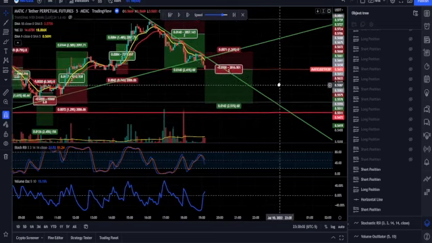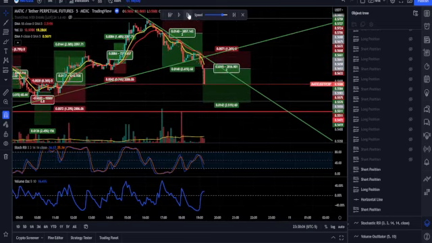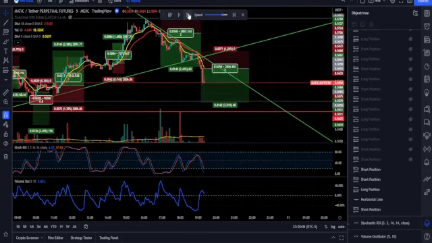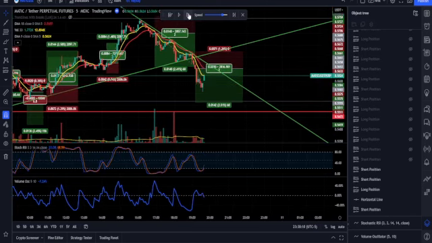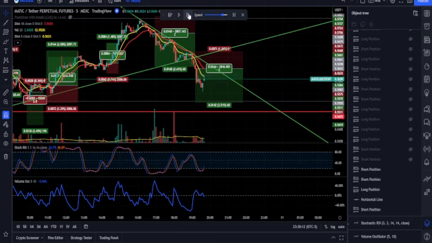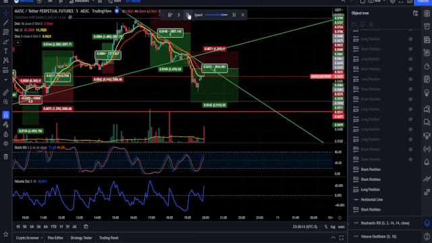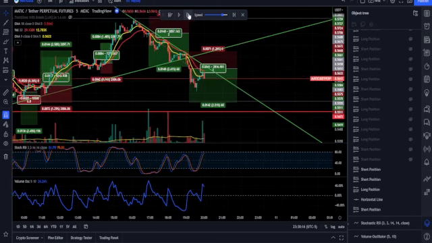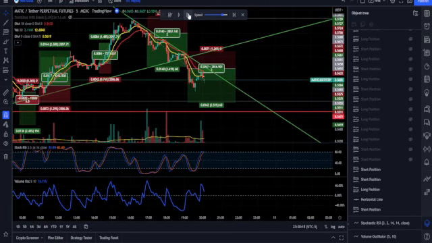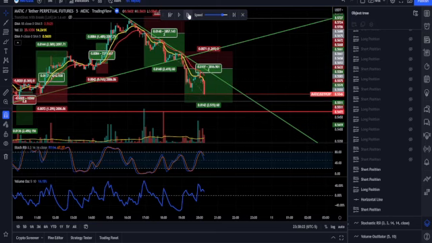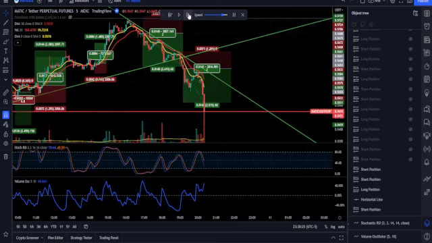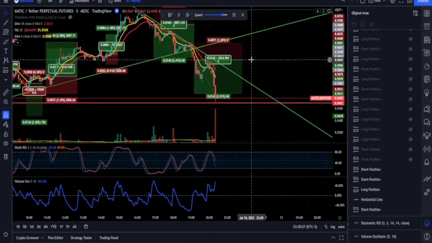Our downtrend still holds valid, and we'll continue the trade. Here we came up and we tested the trend and we rejected back down. So there's our win.